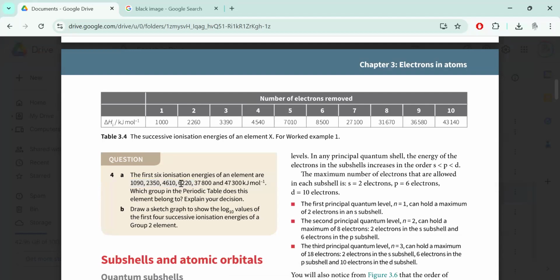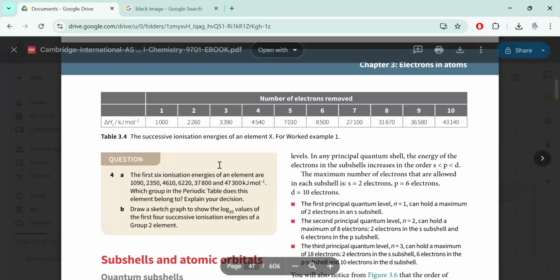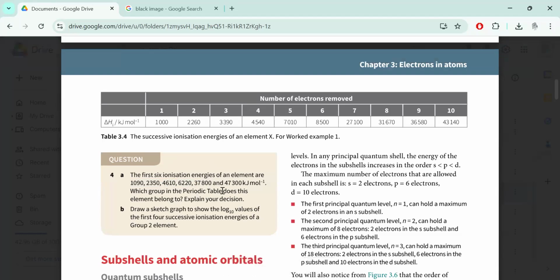However, there is a huge jump between the fourth and fifth ionization energy, from 6,000 to 37,000. So this mystery element that we're trying to find has four valence electrons.